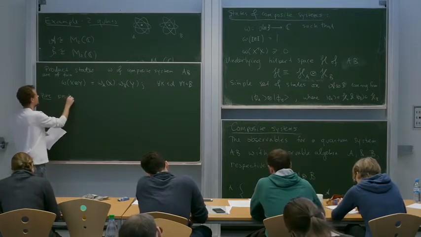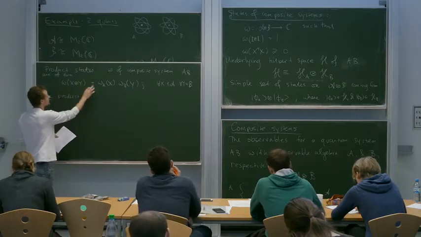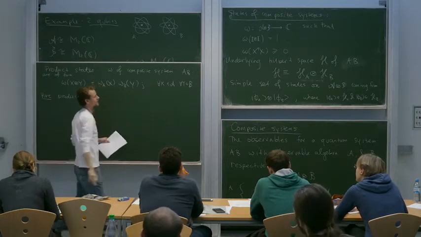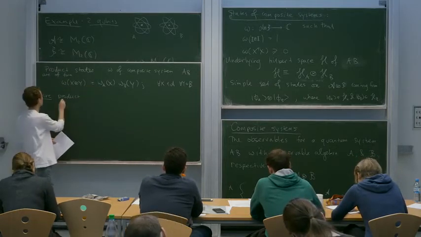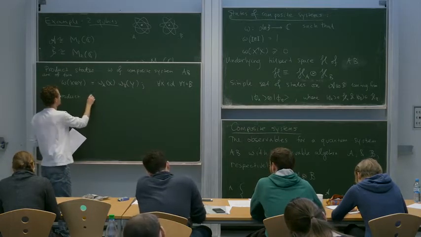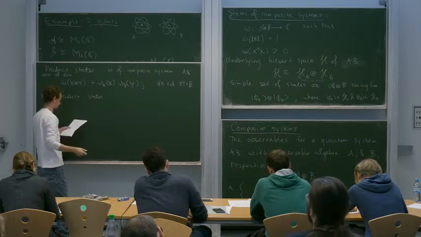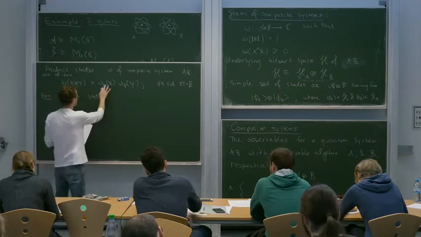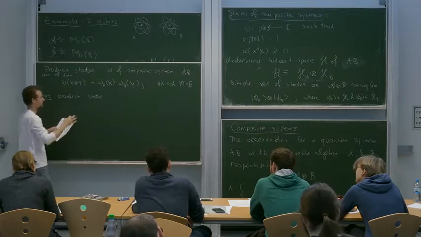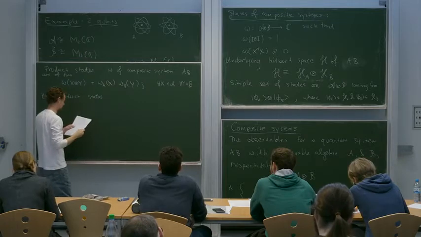And to connect these product states with these vector array states over here, we're going to write out the corresponding density operator for those, just to show that they match up with this definition.